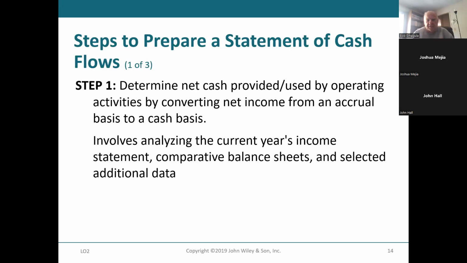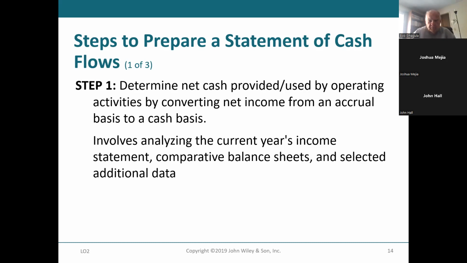Steps to prepare a statement of cash flow. Determine net cash provided by operating activities by converting net income from an accrual basis to a cash basis, and so on. What they're saying there is we're going to take our net income to begin with, and we're going to adjust it from an accrual basis to a cash basis.